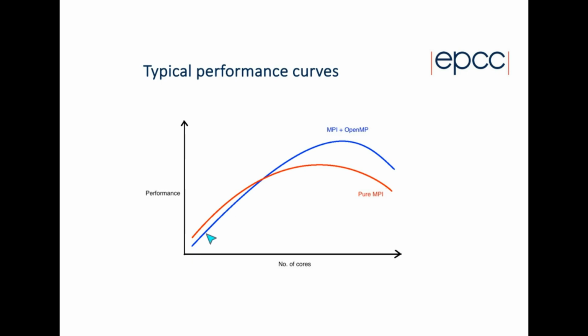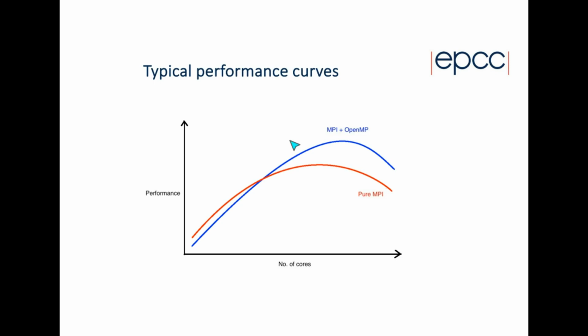What we might typically find is that the performance of MPI plus OpenMP is actually a bit worse, maybe not very much, but slightly worse in this regime. But the scalability extends better, so that you can achieve higher performance at the core count where the MPI scalability is starting to run out.